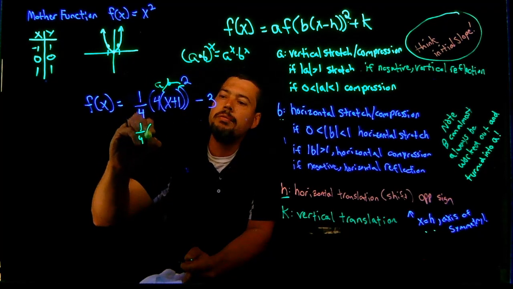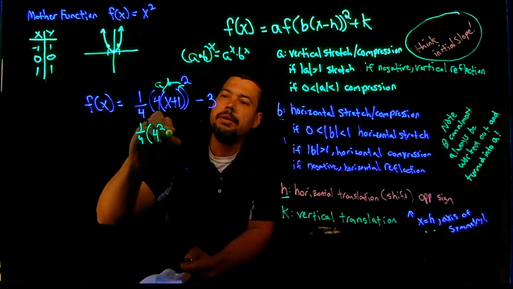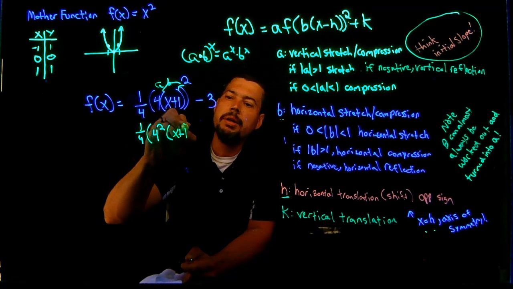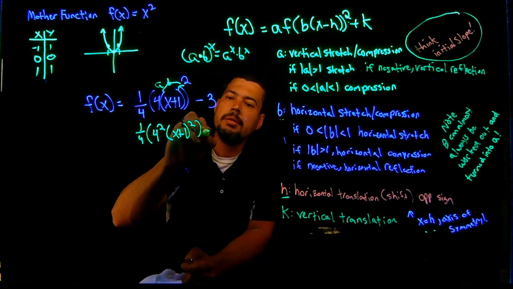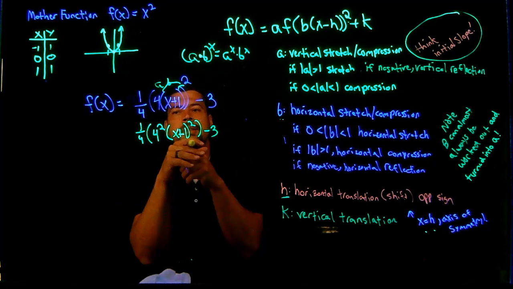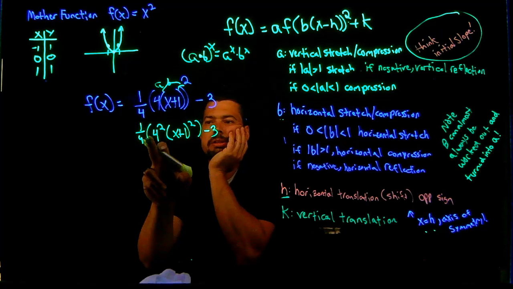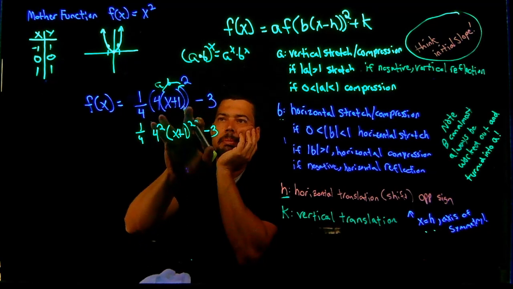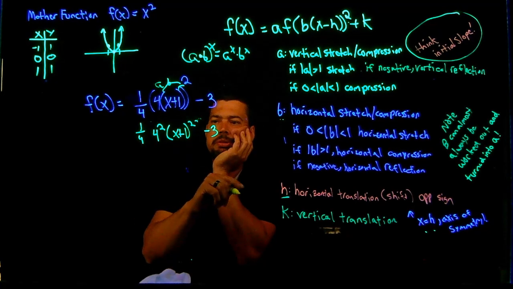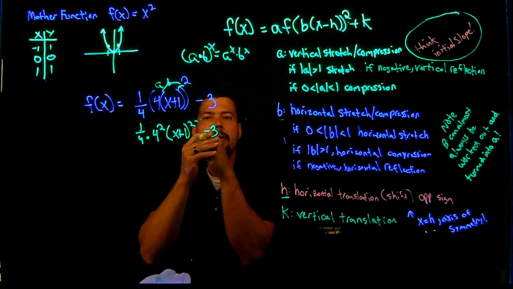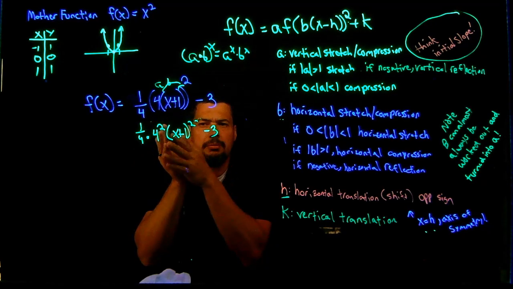So we have 1/4 of a 4 that is squared times an (x plus 1) that is squared, minus 3. Now, there's no need for this set of parentheses anymore. It can kind of just disappear. The only reason that master set was there was for that exponent of 2. And I can change that into multiplication, because that's what it is. We should know this by now.